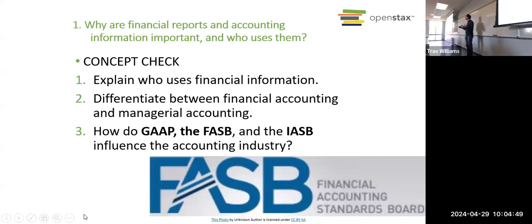But most companies follow GAAP. So in the financial accounting course, that's what we learn is GAAP. GAAP was developed and is updated by the FASB, which you see here as Financial Accounting Standards Board. So they're responsible for GAAP. And the international standards come from the International Accounting Standards Board.